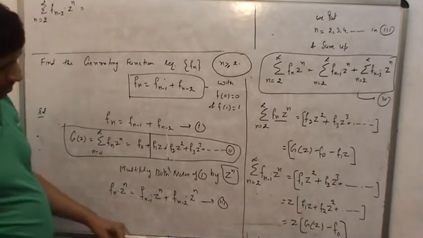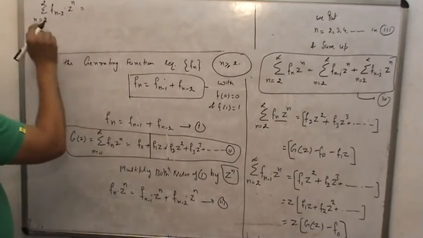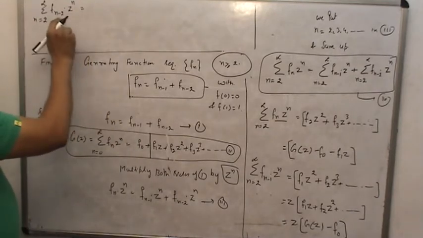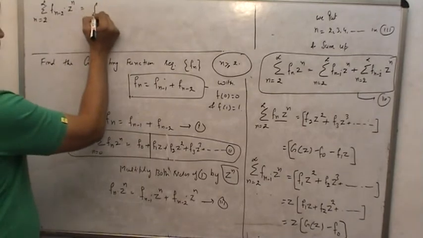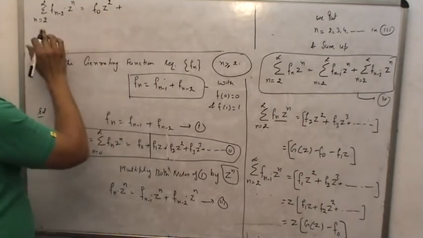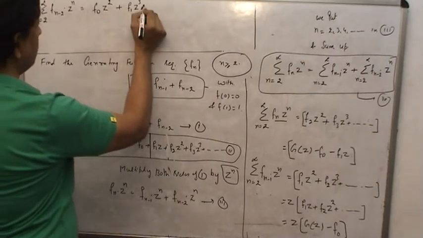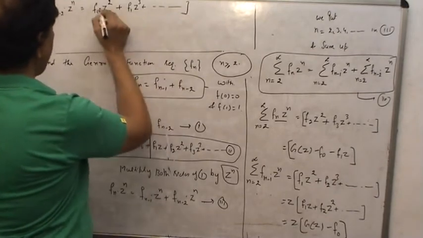Now we start putting the values for n. If we put n is equal to 2 here, we will get f0 z square, then f1 z cube plus so on.